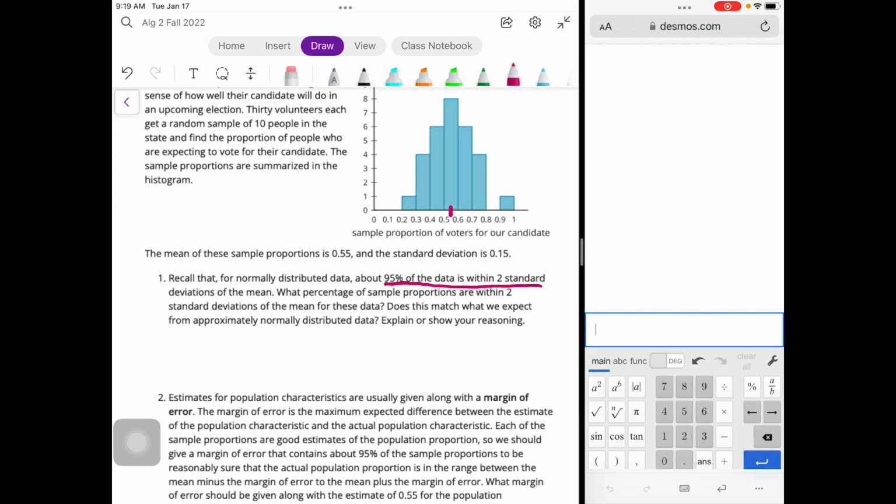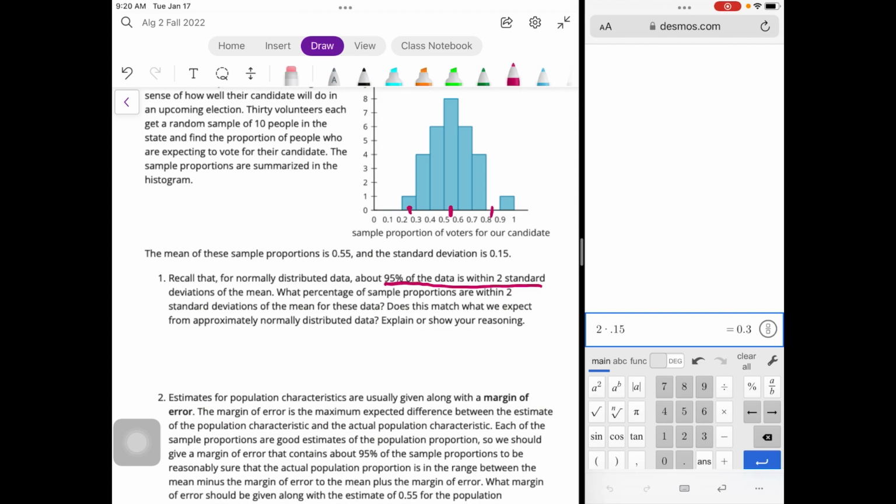And a standard deviation is 0.15, so if we have 2 of those, then it's 0.3. So we're going from 0.55 up to 0.85, which would be right here, and down to 0.25, which would be right there. So that would be 2 standard deviations.